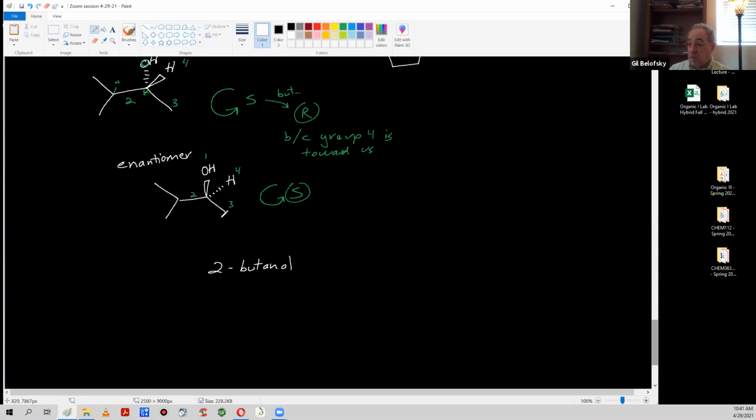In the systematic naming, numbering 1, 2, 3, 4, it's a butane, but there's an OH at 2, so it's a butanol. And then there's a methyl at 3, so it's 3-methyl-2-butanol.